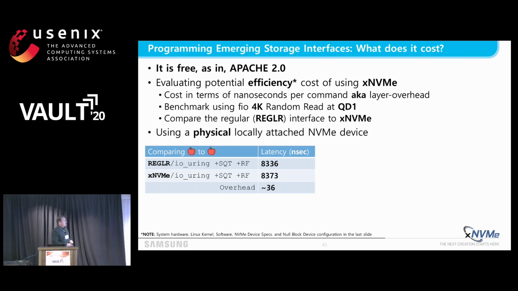So trying to compare apples to apples, the latency of these benchmark results on the physically attached drive: the regular io_uring was around 8,336 nanoseconds, and going through xNVMe instead, that was 8,373. So a layer overhead of around 36 nanoseconds.